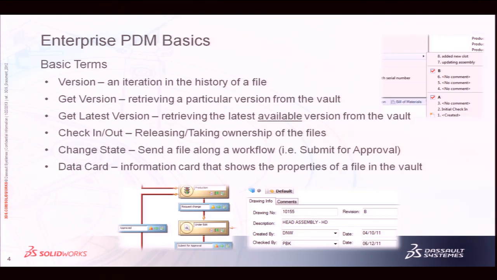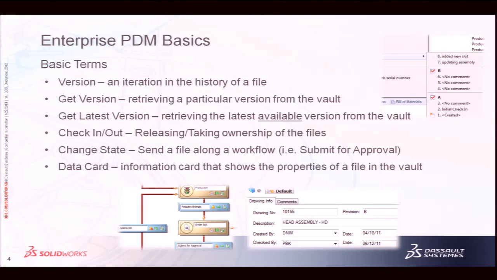The system tracks it for you, as well as a history and comments and everything else that you'd make during your change to that particular file. So a version is really something you can't control. You can't change it. It's going to collect the version every time you take the file out, work on it, and put it back.